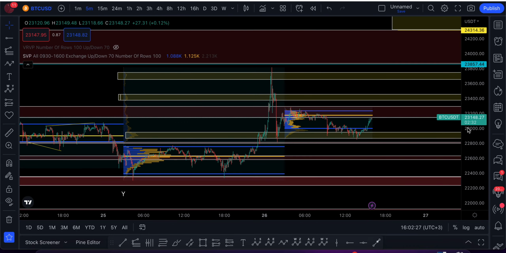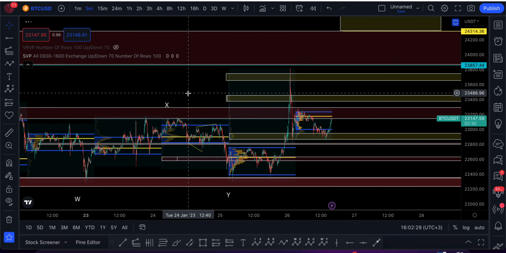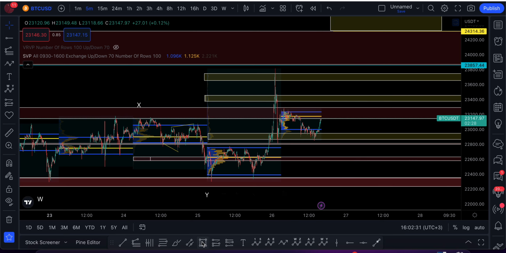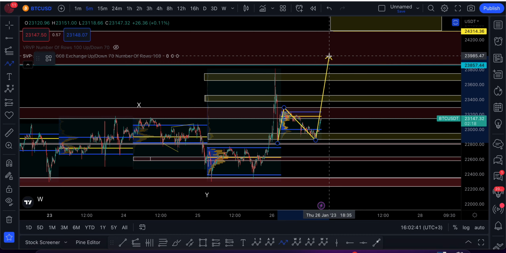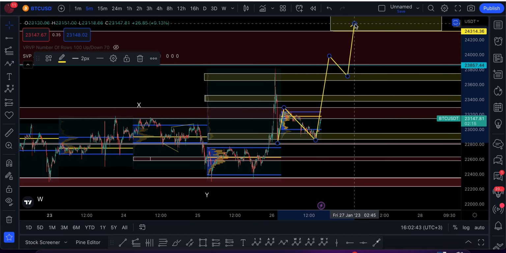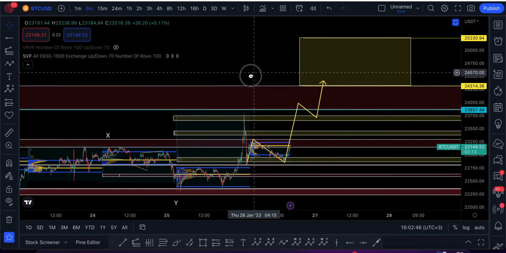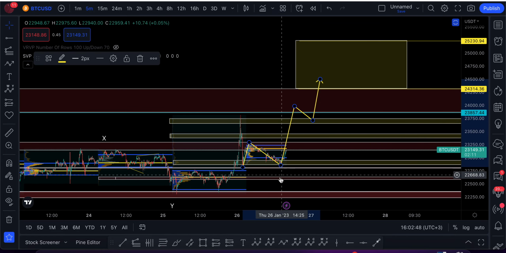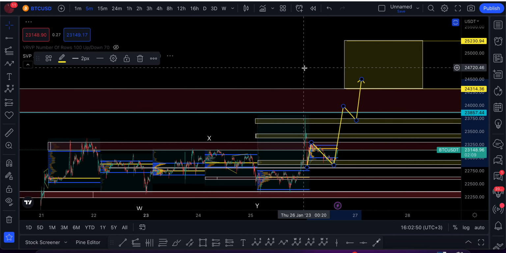So from here, this again could turn into a 5 wave move to the upside. So this could be our wave 1. This move that has started can turn out to be impulsive, making 3rd wave, and finally get into my target area. This is my target area if this move happens.